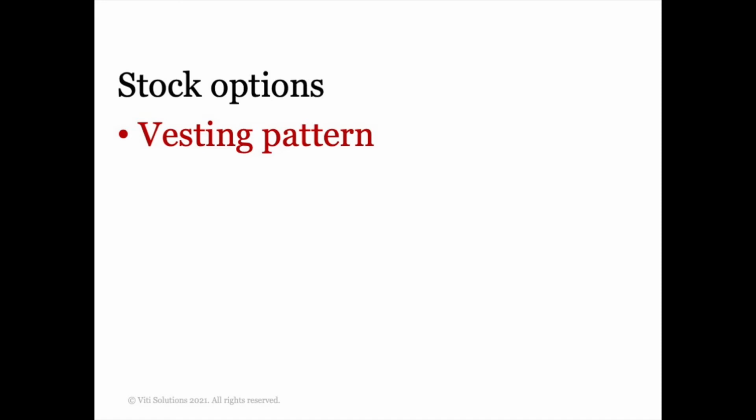Does it vest in 3 years' time, 5 years' time, 7 years' time, or does it vest in slices? So we talk about cliff vesting, if everything vests at a single point in time in the future, say in 3 years' time, and we talk about phased vesting, if it's like a third over 3 years, or 20% every year for 5 years, and so on.